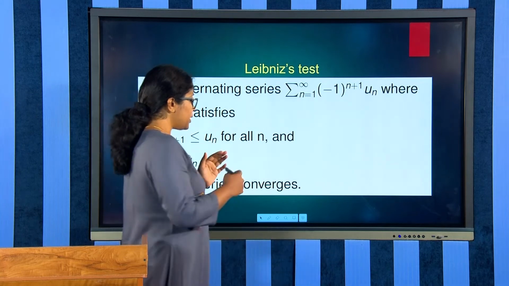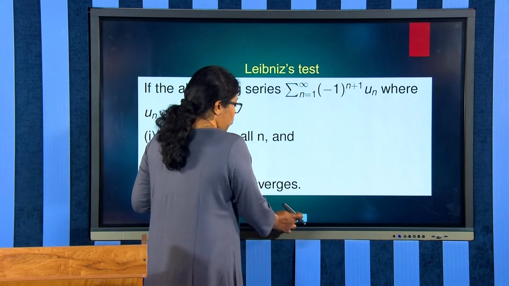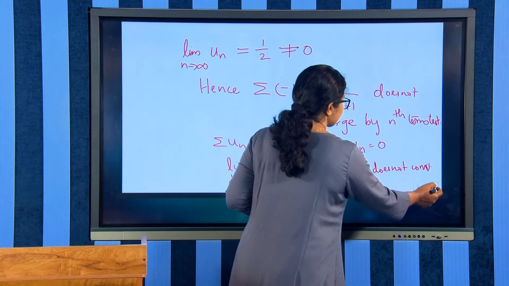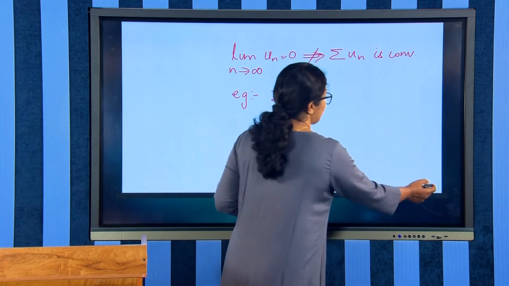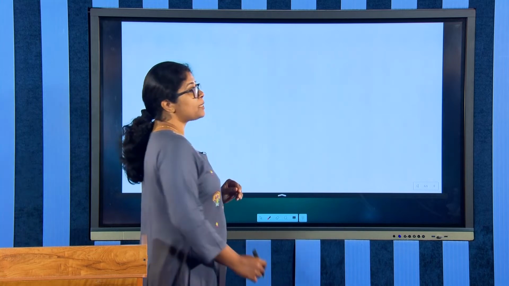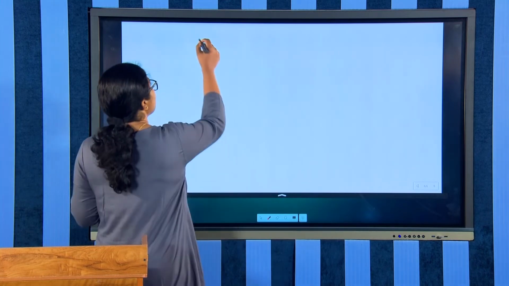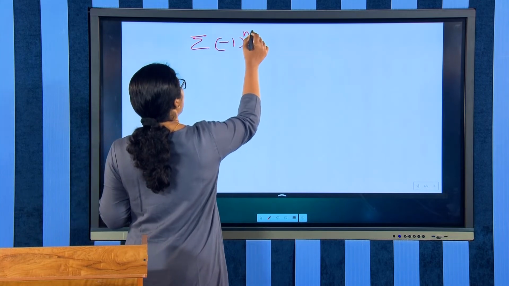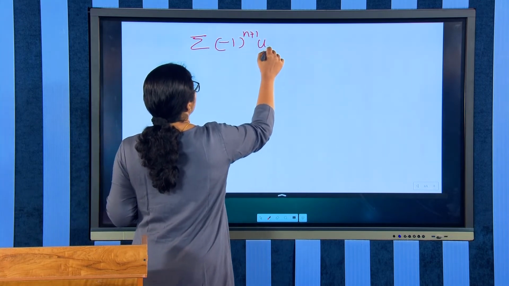Now, let us look at why Leibniz had established such a result. Using a picture, we can show that. Suppose you are given an alternating series summation negative 1 power n plus 1 un.